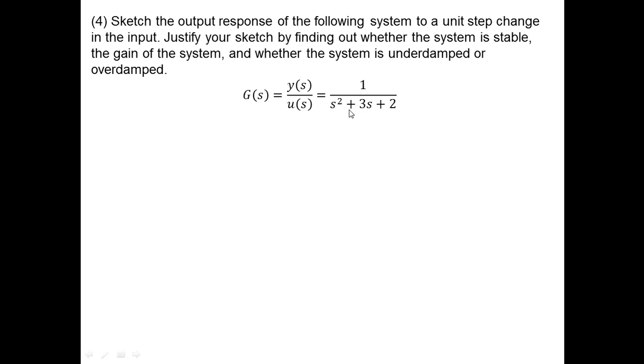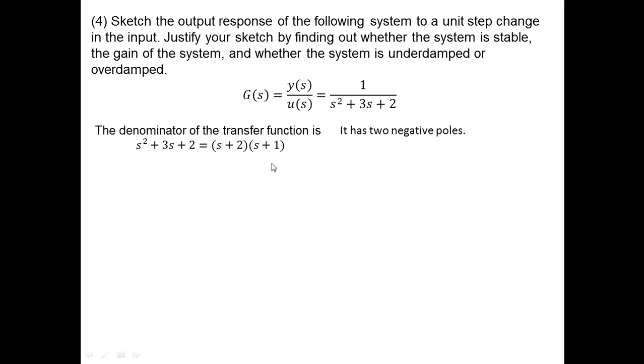First, I will look at the stability of this transfer function. In order to see if the system is stable or not, we need to look at the roots, or poles, of the characteristic equation. By finding the poles of the characteristic equation, we see we have two simple roots, s plus 2 and s plus 1, both of which are negative, and they are in the left hand side of the complex plane.